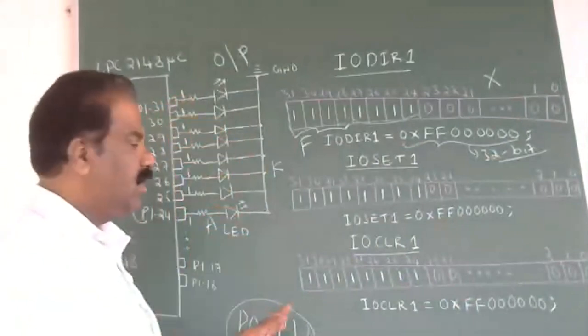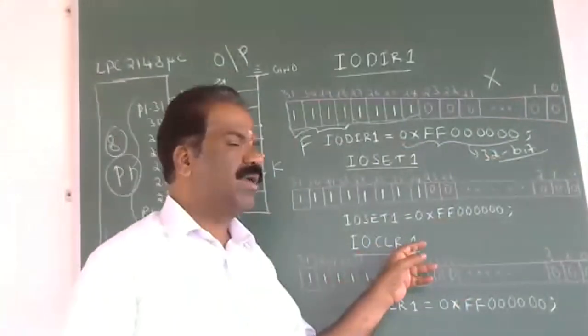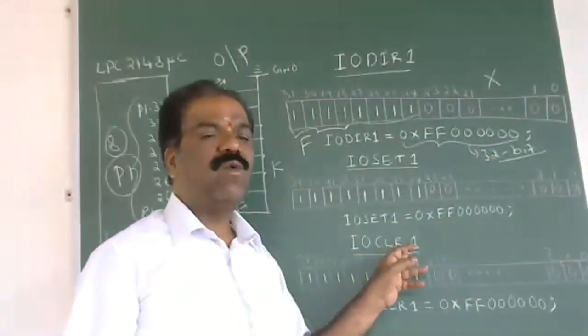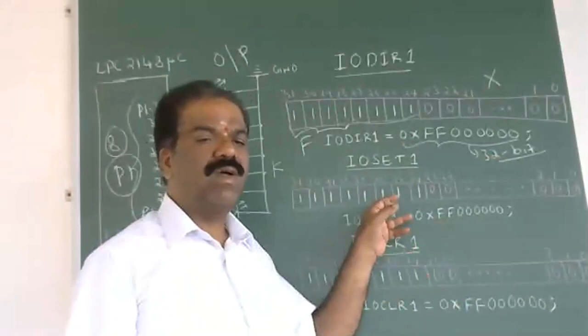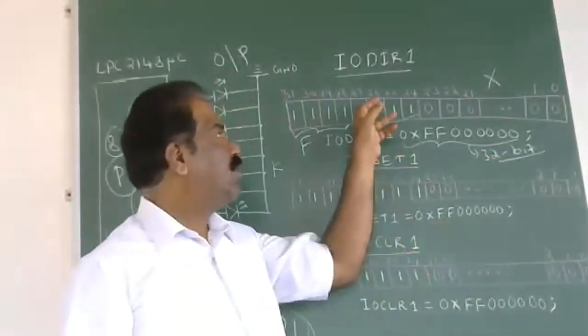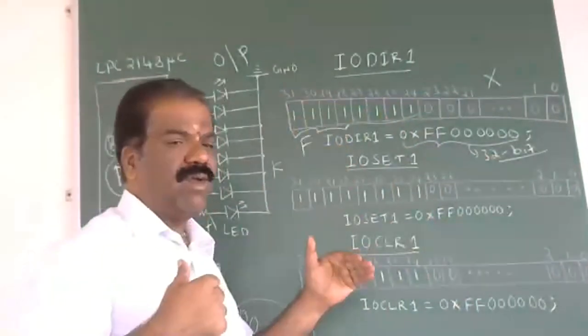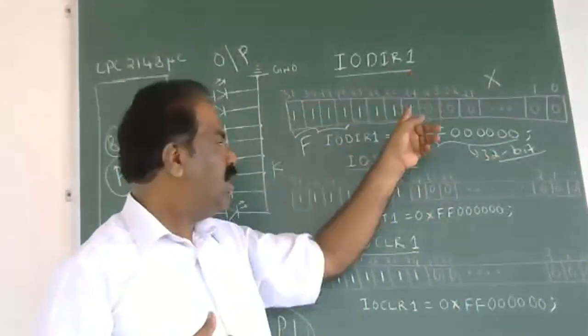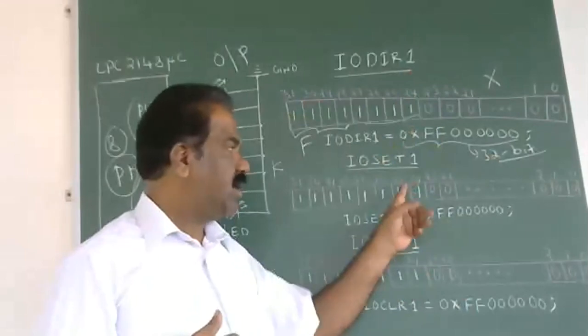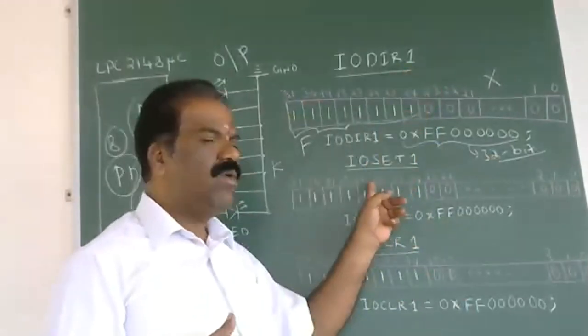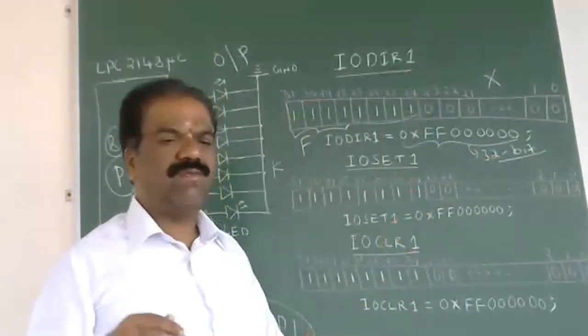For that I have to go for the IO clear 1 register. Why IO clear 1, why IO set 1, why are we using IO DIR 1? Because we are using port 1. If it is port 0, then we have to go for IO DIR 0, IO set 0, IO clear 0.